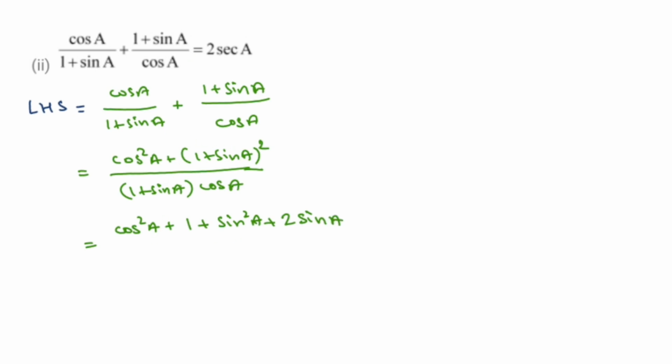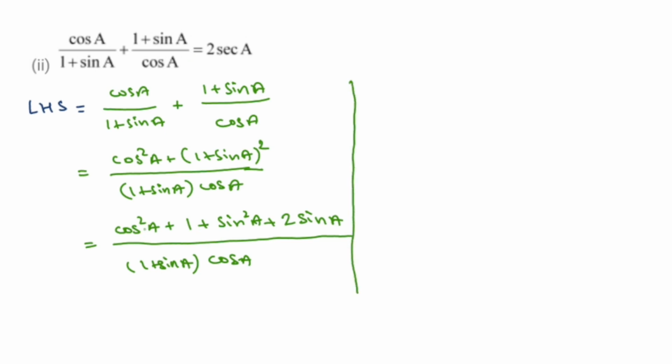For this bracket we are applying the identity (a plus b) whole square, divided by (1 plus sin A) into cos A as it is. We know that cos square A plus sin square A is 1.